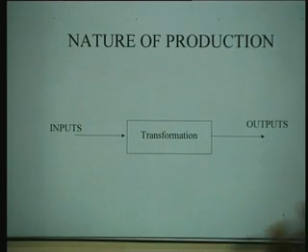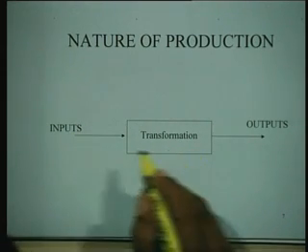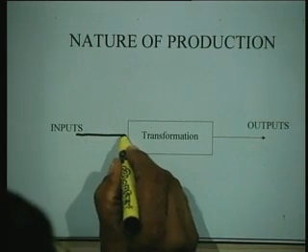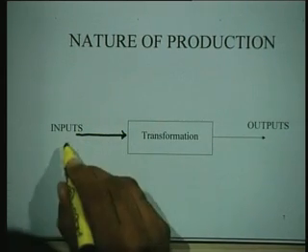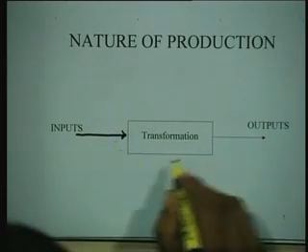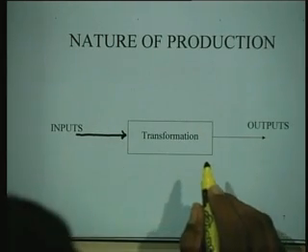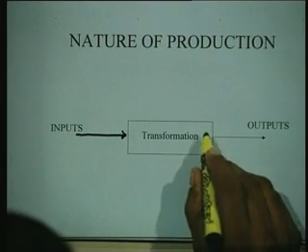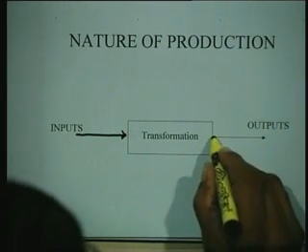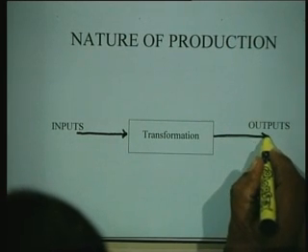Basically, you could say that a production system could be viewed at a very general level by saying that we have inputs in the system, and these inputs will be provided to the black box here, and after the black box performs its operations, you would get certain outputs from the system.